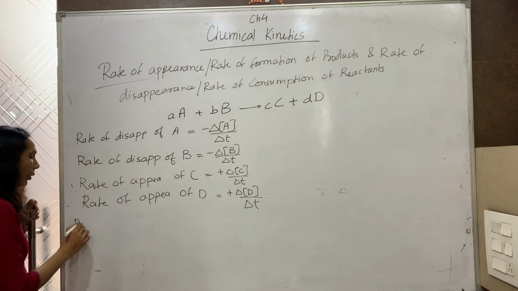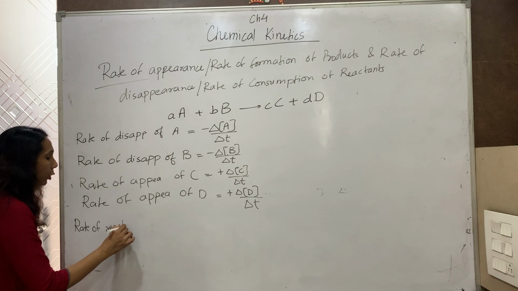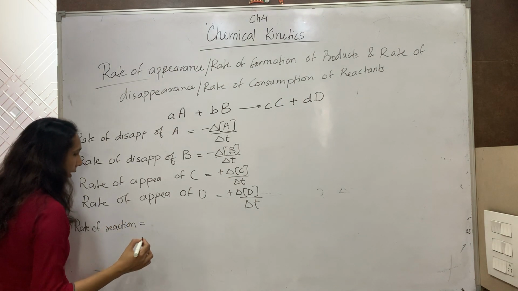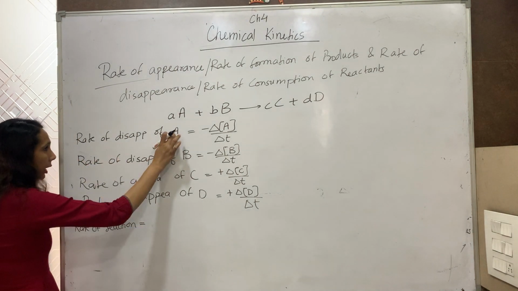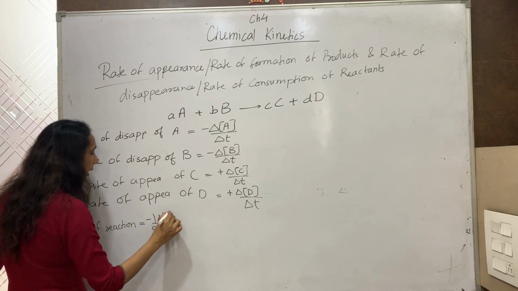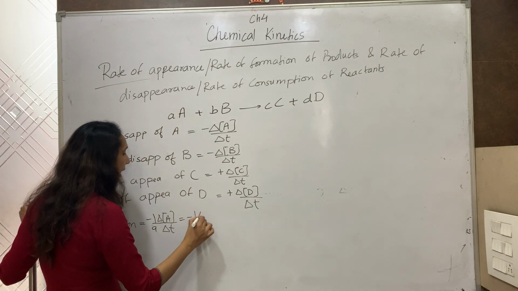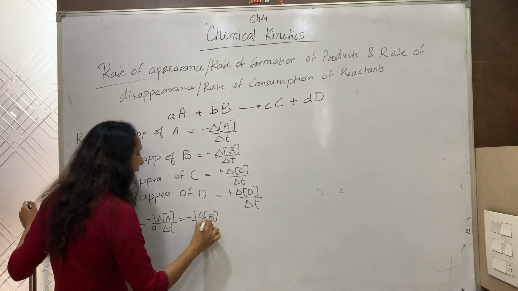You know, earlier also we have written, if I want to write the rate of reaction, then I have to consider the stoichiometric coefficients. And the rate of reaction in terms of A is minus 1 upon a, delta A by delta T. In terms of B, it is minus 1 by b, delta B upon delta T.